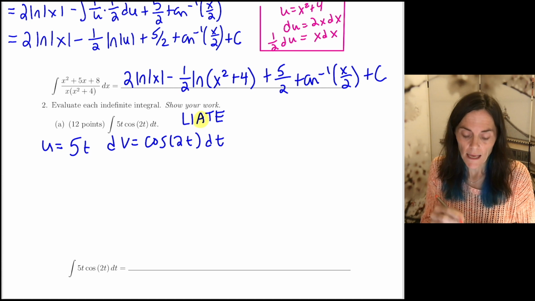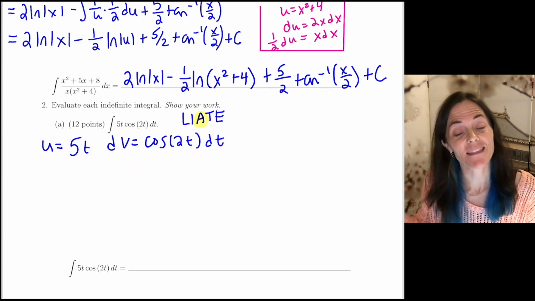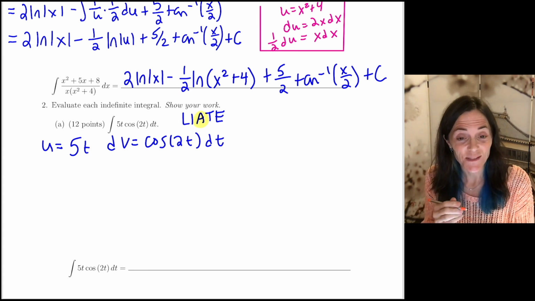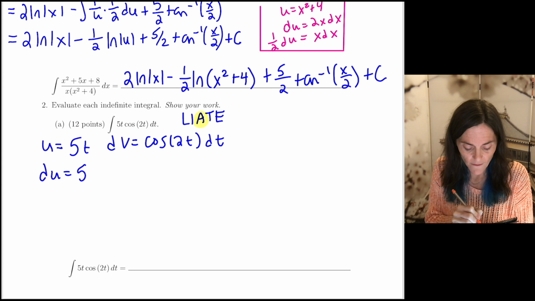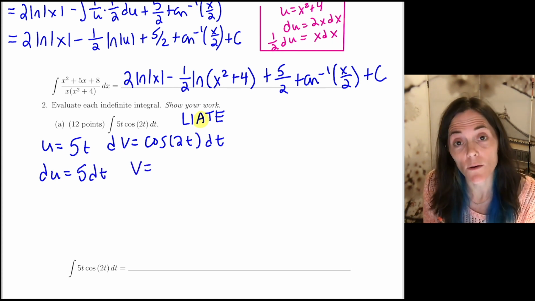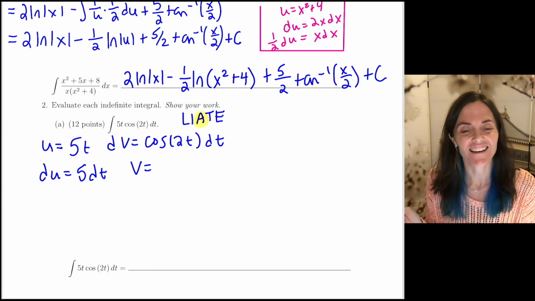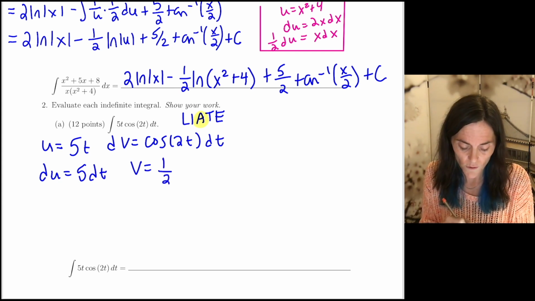And you should check if you take and multiply u dv, you should get everything except the integral sign, as we see here. Now, differentiate. This is du. We have 5 dt, and integrate. When we integrate the cosine, we get positive sine, but here we have this 2t on the inside, so we will have a 1 over 2 coming out.